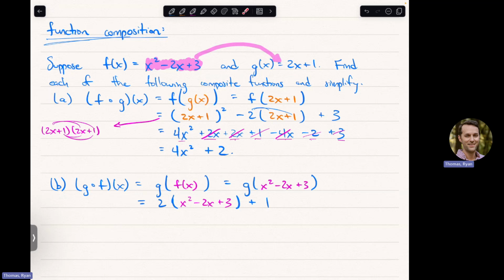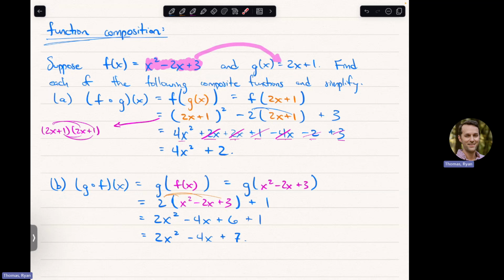That's the composite function then. Everything that happens after this is just simplifying. I've got 2 times the quantity, so I'm going to distribute: 2x squared minus 4x plus 6 plus 1, 2x squared minus 4x plus 7. So there's your simplified composite function.